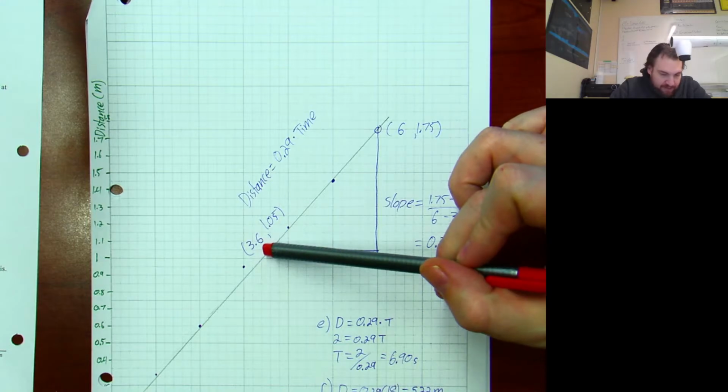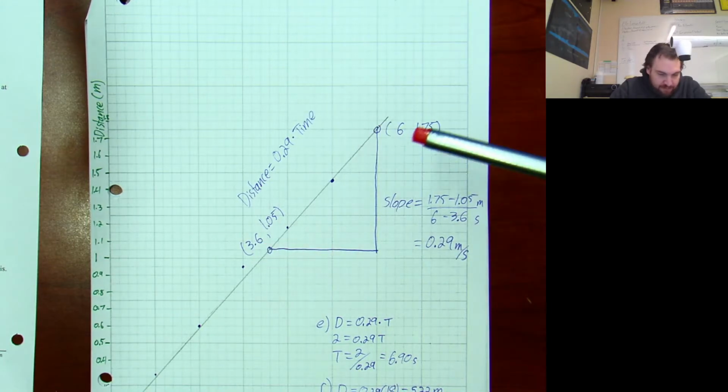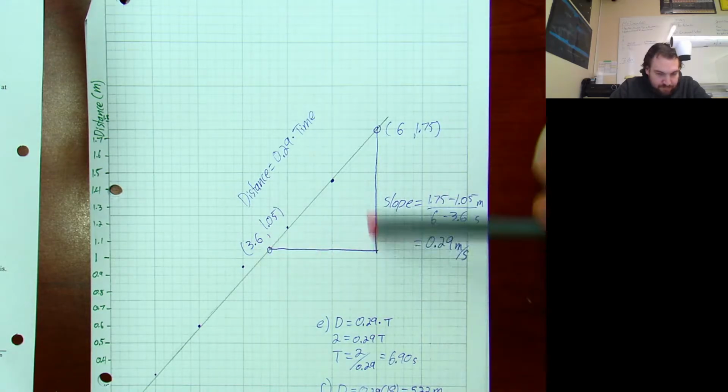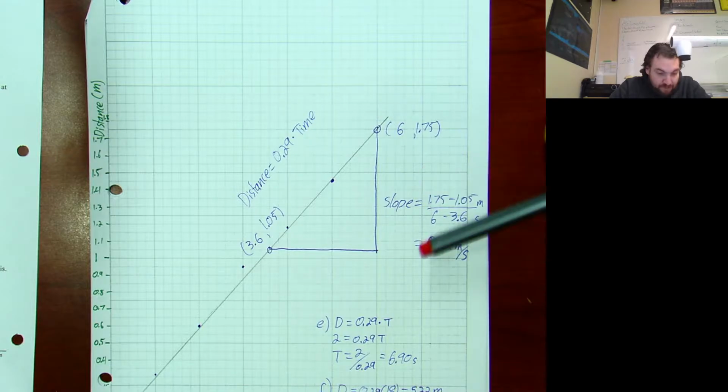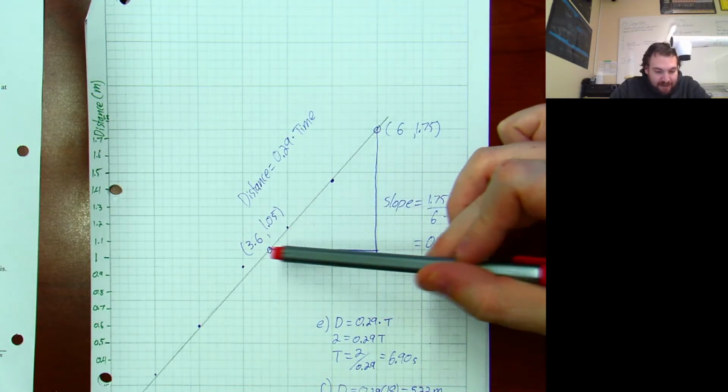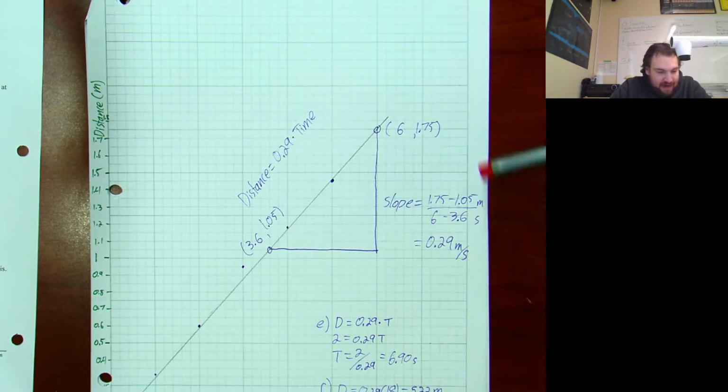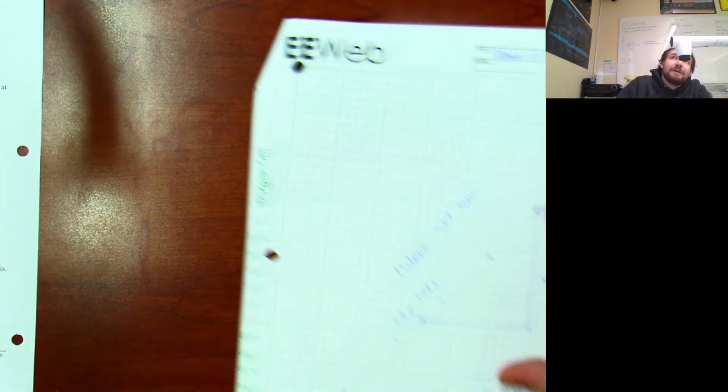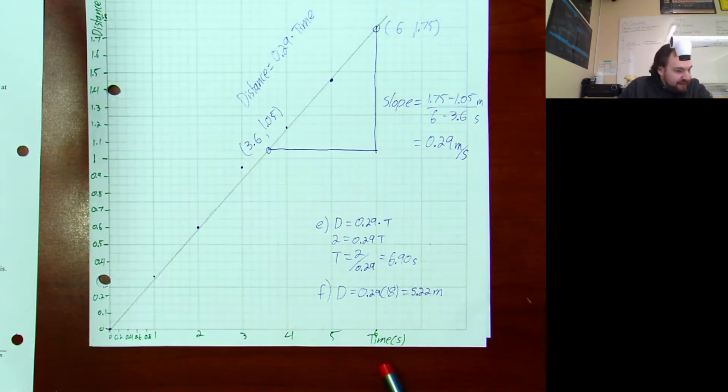I took my, what's it called? My points that nicely intersected my graph. I made my rise-run triangle, and then I went through it. It says plot time, done. I've also got my distance in meters up the side there. I've got my time in seconds along the bottom.